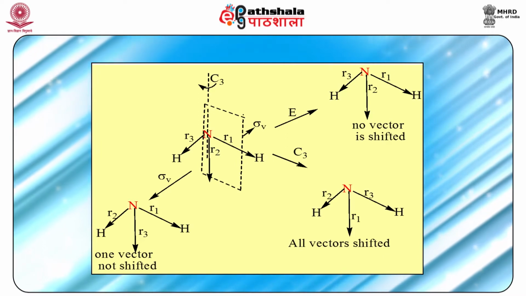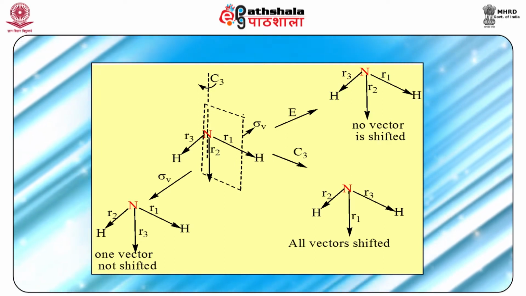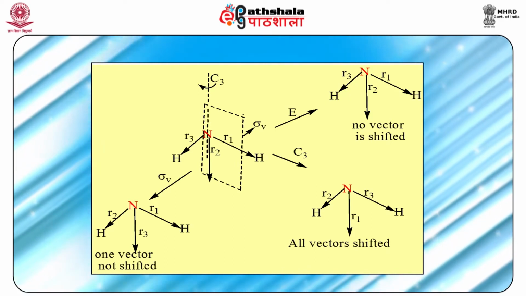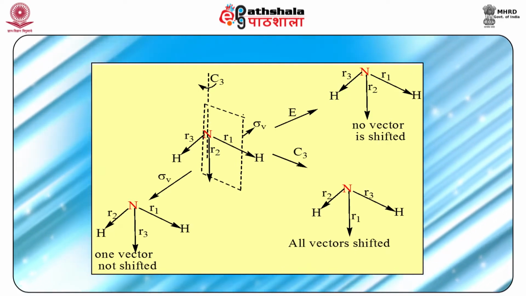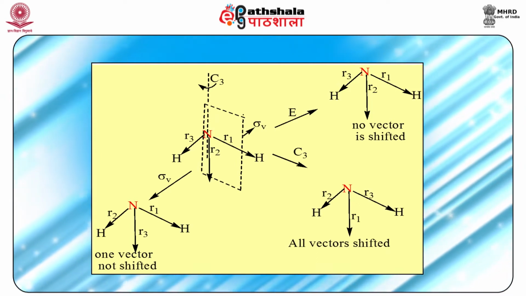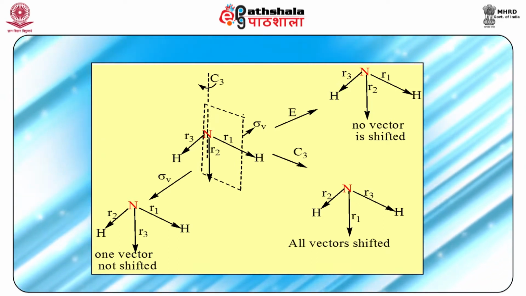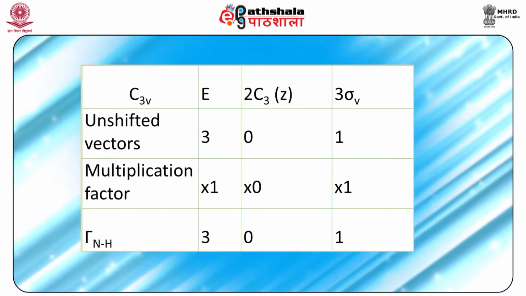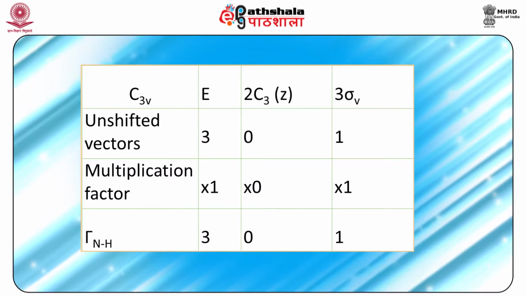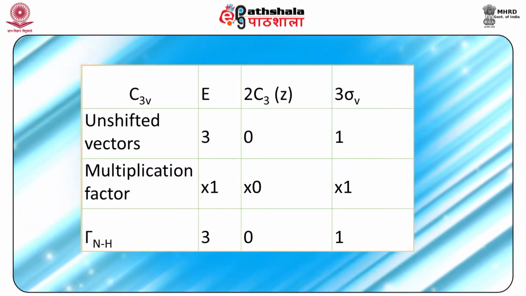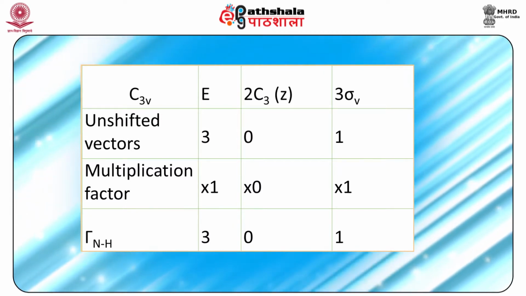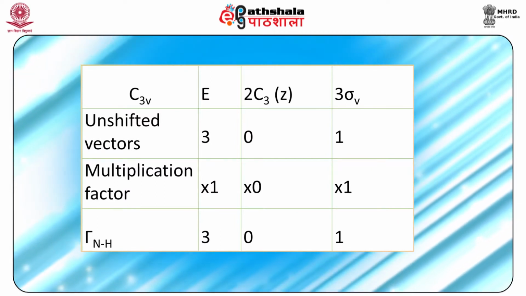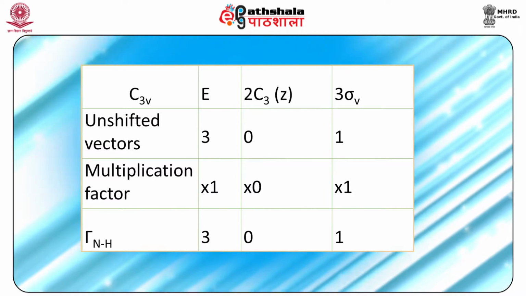Again making use of the general rule, a vector shifted contributes chi equal to 0, a vector not shifted contributes chi equal to +1, and a vector not shifted but with only its direction changed contributes -1. Following this, we find the unshifted vectors under E is 3, under C3 is 0, and under sigma v is 1. So tau NH is 3, 0, 1.